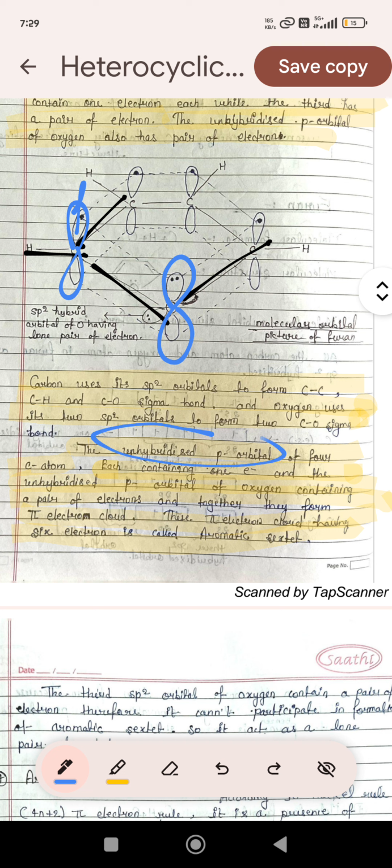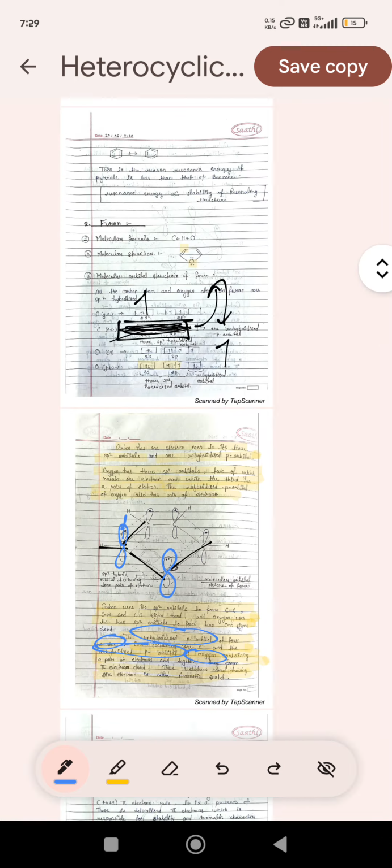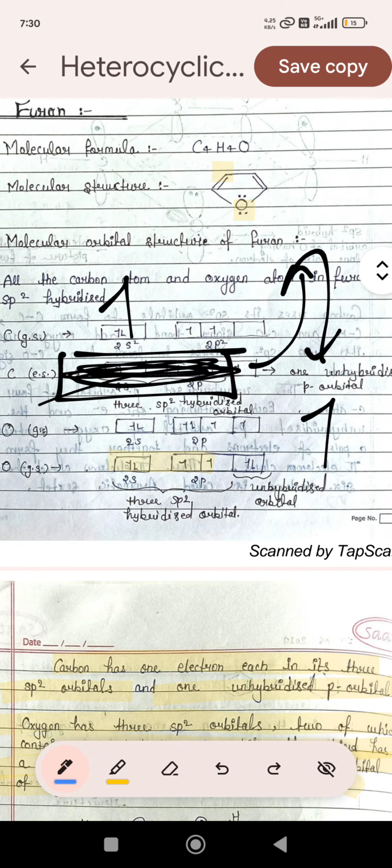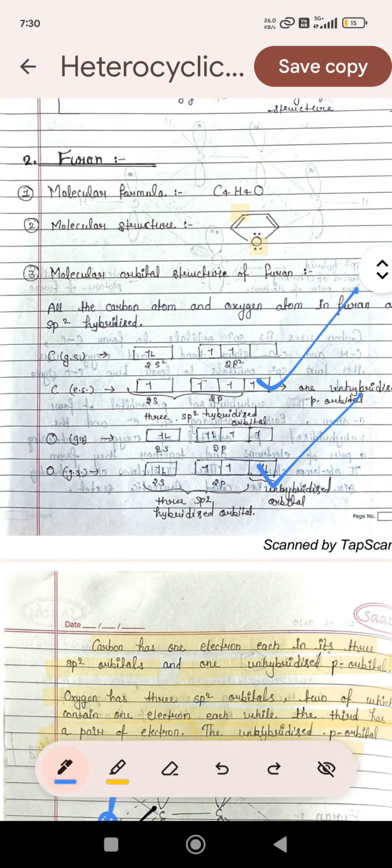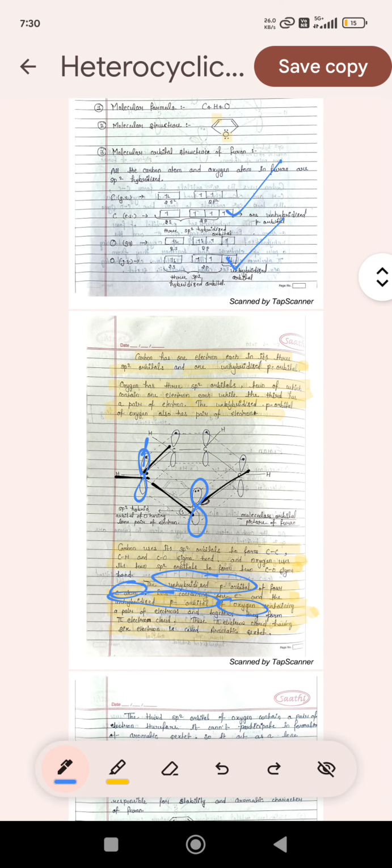The unhybridized p orbitals of carbon and the unhybridized p orbital of oxygen: carbon uses this orbital, oxygen uses this orbital to form the aromatic sextet.